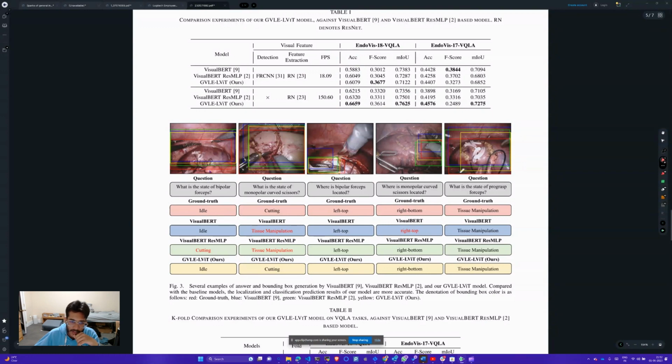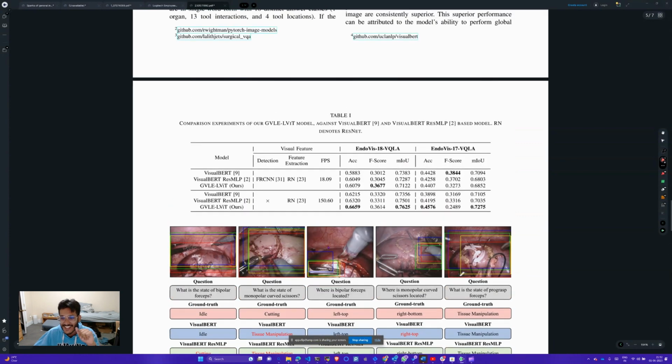The red one, I think the bounding box, is the ground truth, and the answer is idle. The question is, what is the state of bipolar forceps? As you can see here, GVLE-LViT gives consistently better answers. Again, this would be very cherry picked, right?